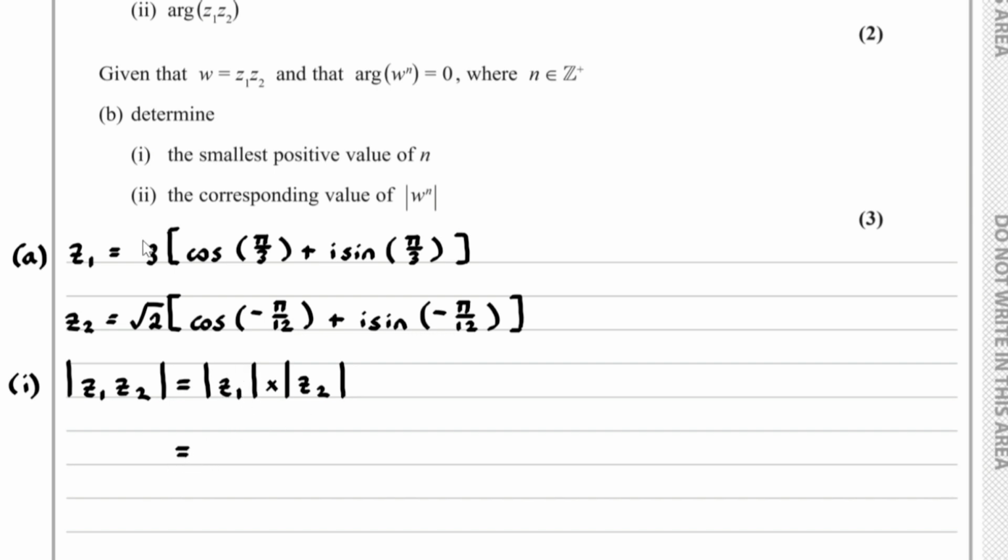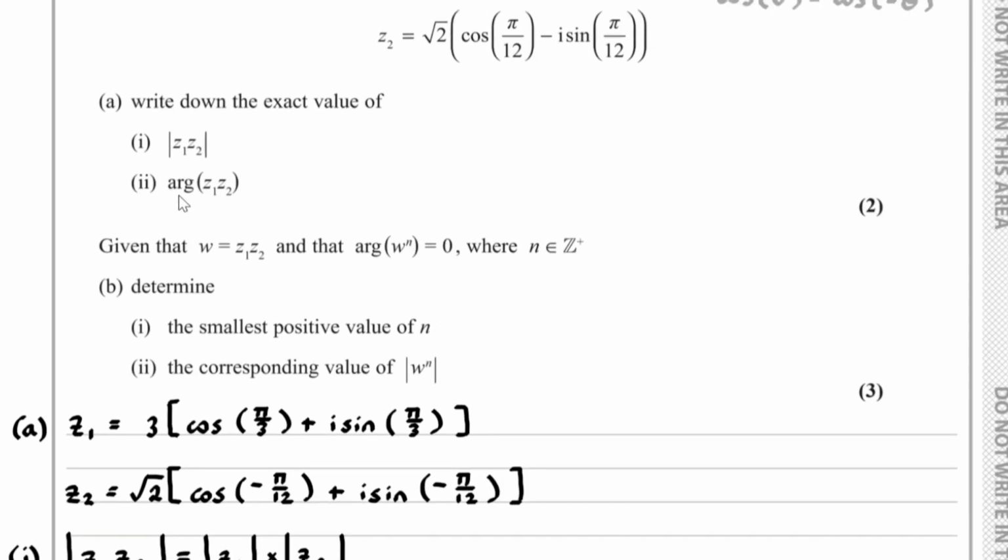The mod of z1 is 3. The mod of z2 is root 2. So what we end up with is 3 multiplied by root 2.